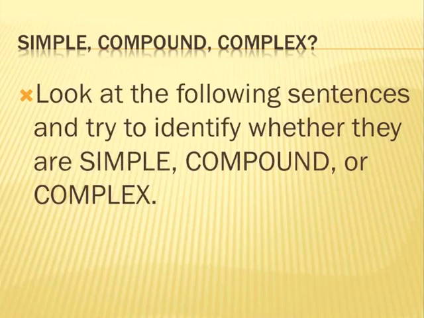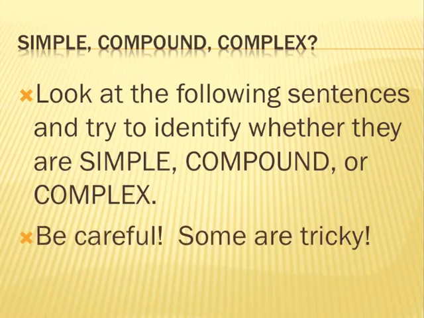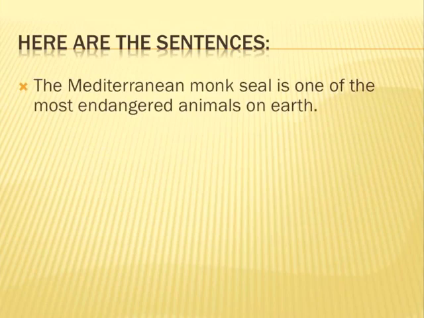So now, for our final activity, look at the following sentences and try to identify whether they are simple, compound sentences, or complex sentences. And again, be careful, some of these are probably tricky. Now first off, take a look at the sentences. The Mediterranean monk seal is one of the most endangered animals on Earth.